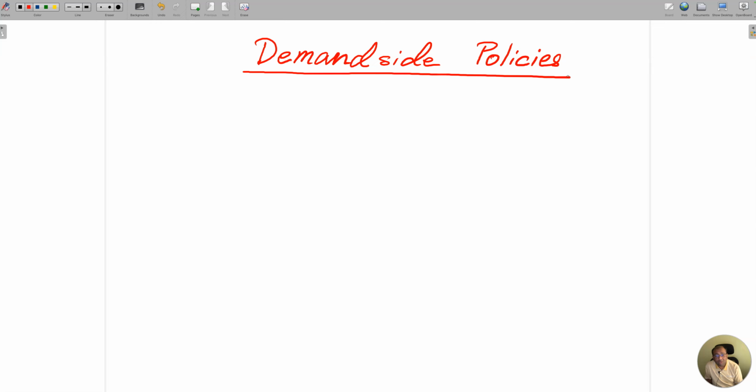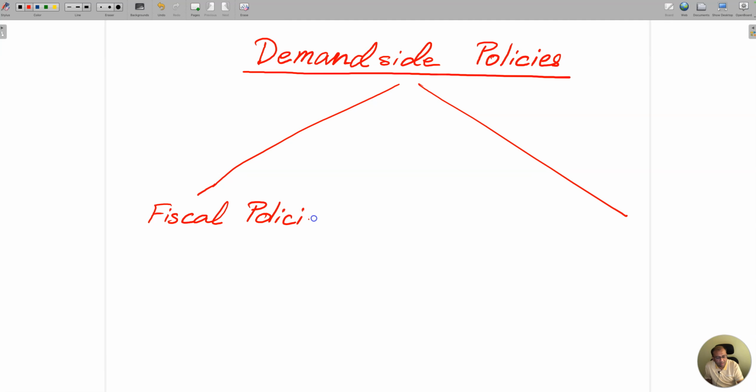So what are the two different types of demand side policies which we are going to study in this particular lesson? It is divided into two categories. One is fiscal policy and the other is monetary policies. Ideally, fiscal policies would be implemented by the government, whereas monetary policies are implemented by the central bank of that particular country.